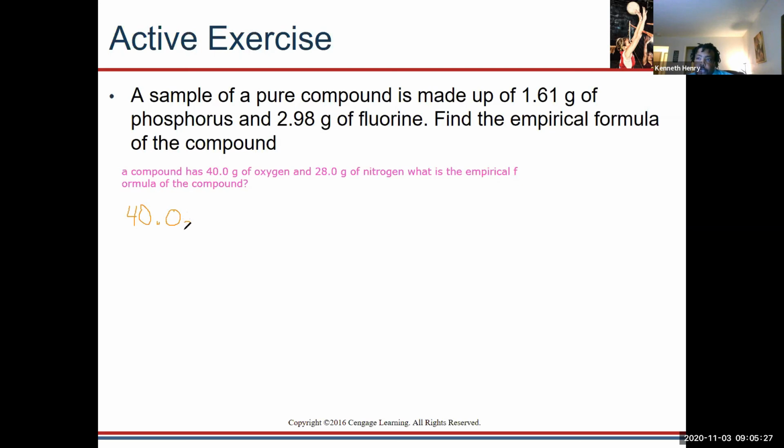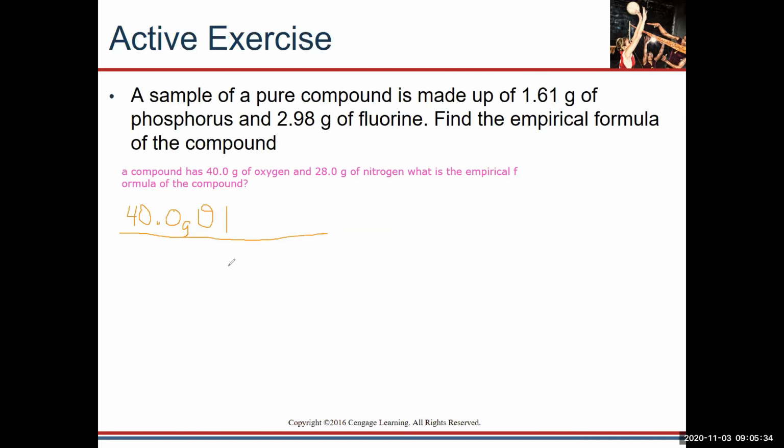So this is grams of oxygen. What is the molar mass of oxygen? 16.